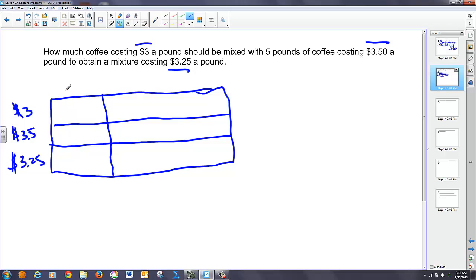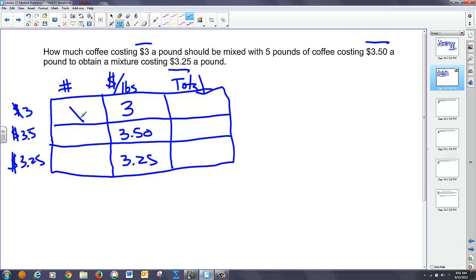And we need to know the number of pounds we have, the dollars per pound, and the total worth of the mix. Well, the dollars per pound is easy. This is 3, 3.50, and 3.25.